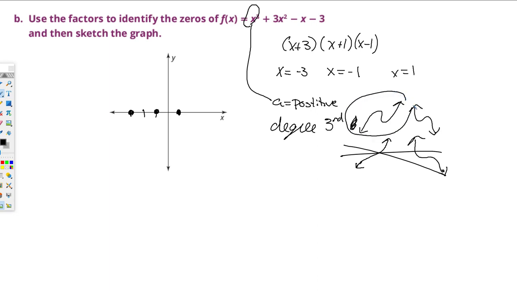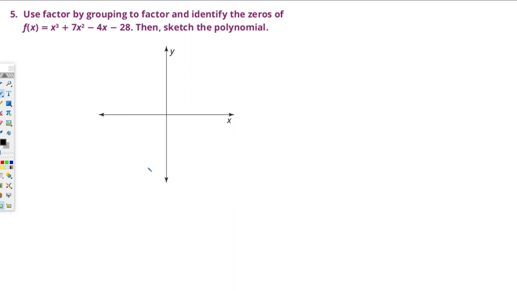The first one, the right hand up. And since none of the factors have a power on them, you're always just going to cross through each time. I want you to do it for number 5.